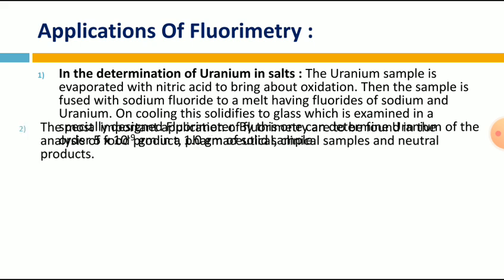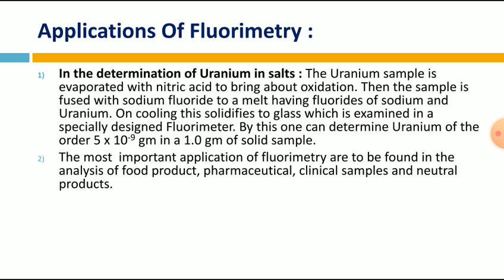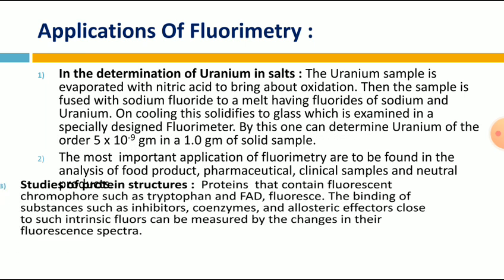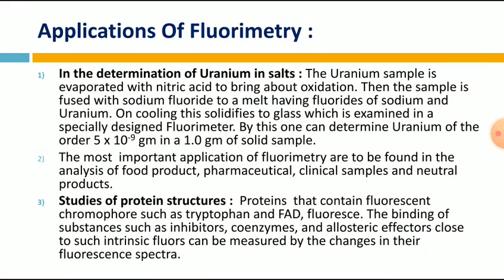Now the second one: the most important applications of fluorimetry are to be found in the analysis of food products, pharmaceutical, clinical samples and natural products. Third one, studies of protein structures. That means by using fluorimetry we can study protein structures also.